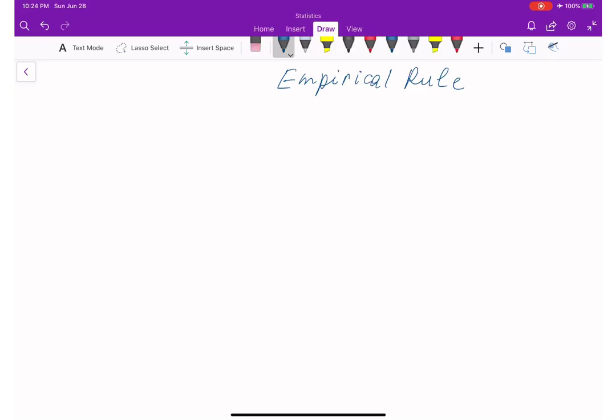Based on the empirical rule, if the data have a bell-shaped distribution, then about 68% of the values will fit within one standard deviation of the mean.